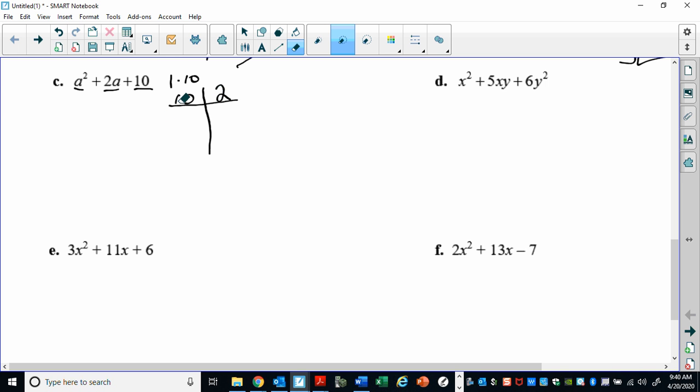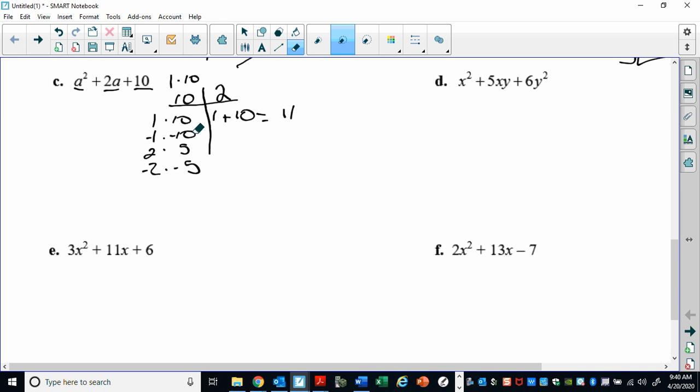So now we go to 10. The multiples of 10 are 1 times 10, negative 1 times negative 10, 2 times 5, and negative 2 times negative 5. What we find here is 1 times 10 is 10, but 1 plus 10 is equal to 11.